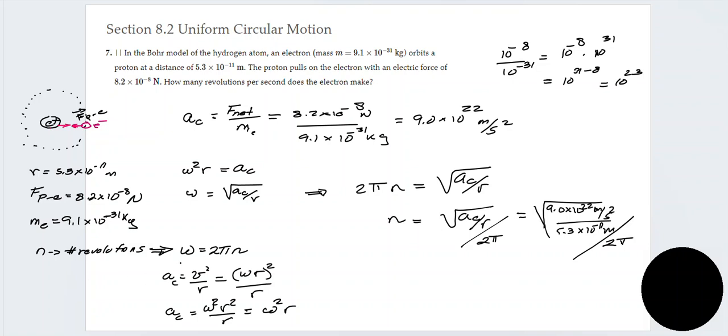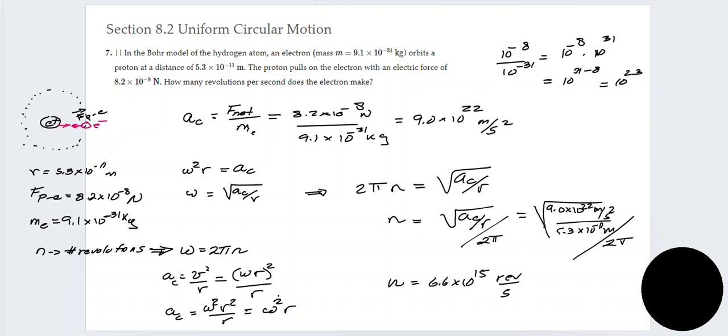So when you perform these operations, you will get that the number of revolutions per second is approximately 6.6 times 10 to the 15 revolutions per second. So this is, in this case, the value of n. This is the number of revolutions per second that you get.